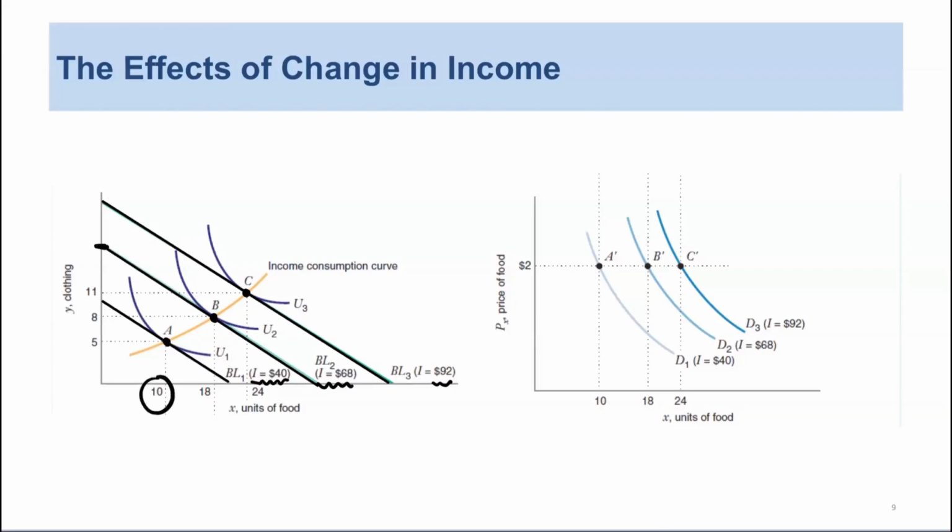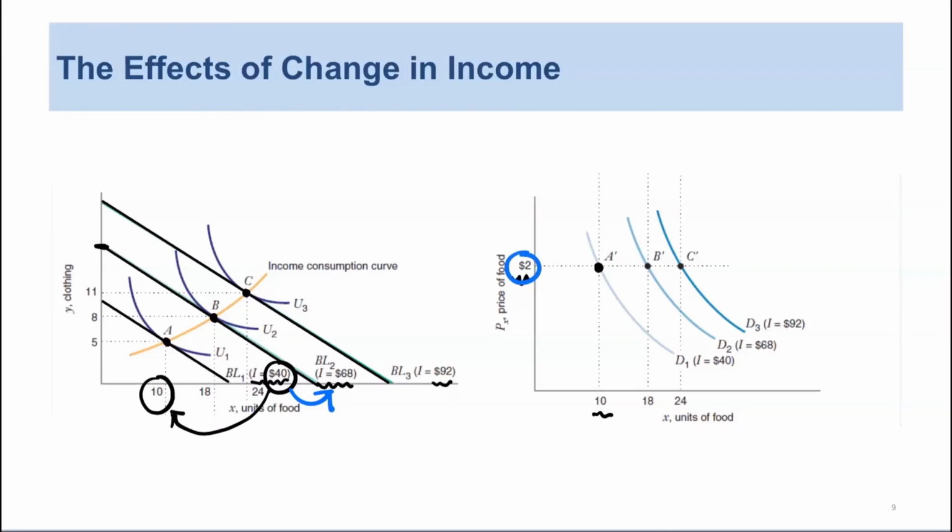So when income is equal to 40, optimal demand is going to be 10. That is the A point. Here, we're going to keep the price of good X fixed at 2, and that's our starting point. Now suppose the income increased from 40 to 68. At the same time, price of good X is still equal to 2.